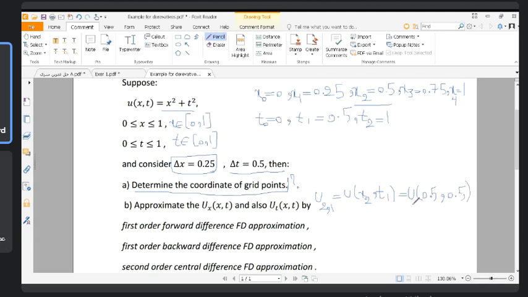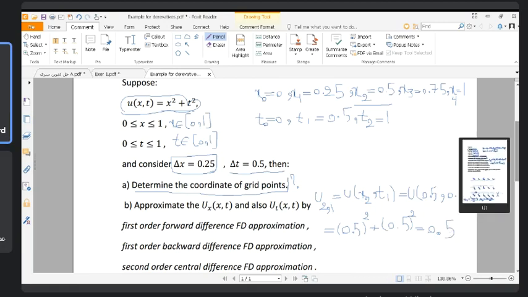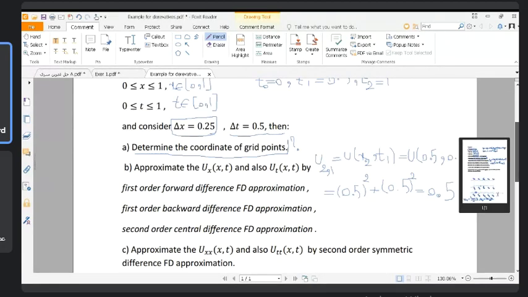And u of 0.5 and 0.5 equal, we should put 0.5 for x and for t in the formula of u, and then we have 0.5 squared plus 0.5 squared, and 0.5 squared is 0.25 plus 0.25, and we have 0.5. Okay, it's the value of u at x2 and t1.